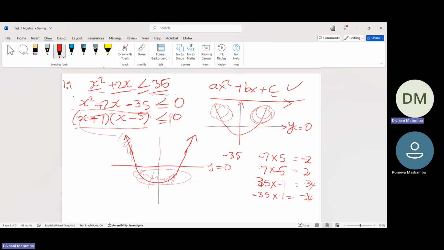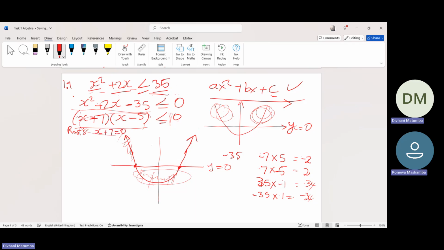So what is the value of that point? Of which point? This point. We have, first of all, we have to solve for x. Let us look for what we call the roots. You have two roots. The first root, you know that x plus 7 equals 0.